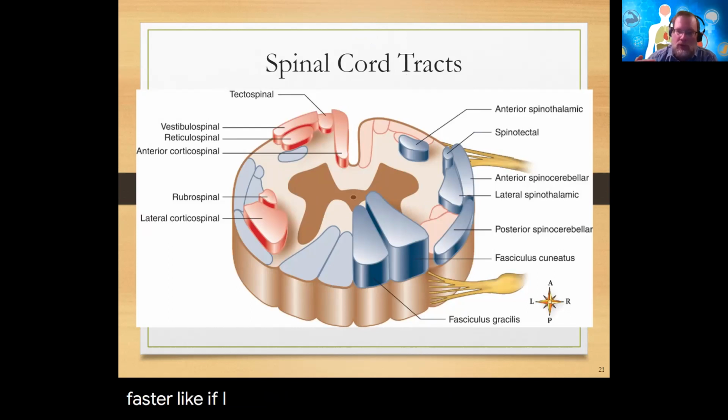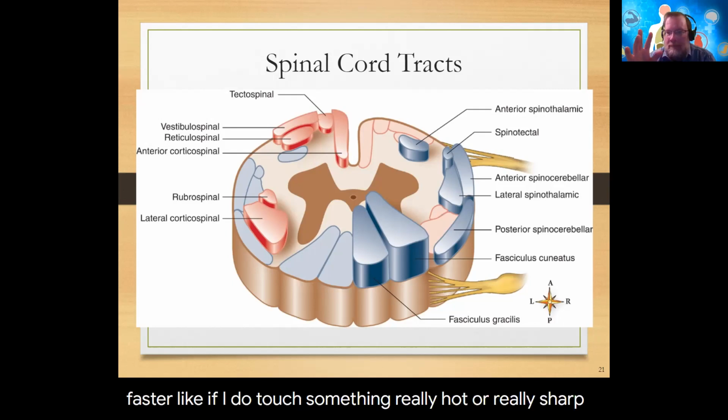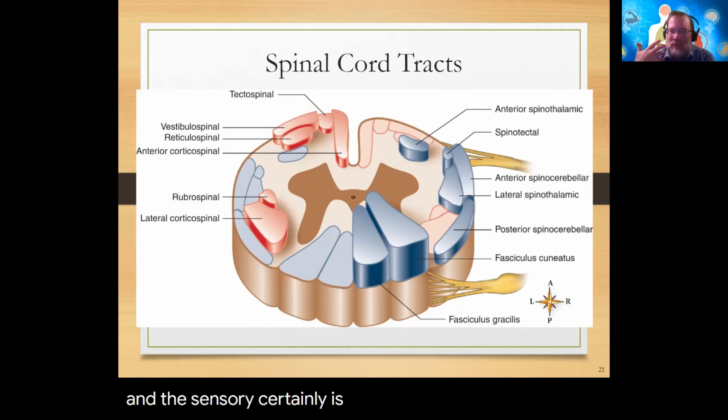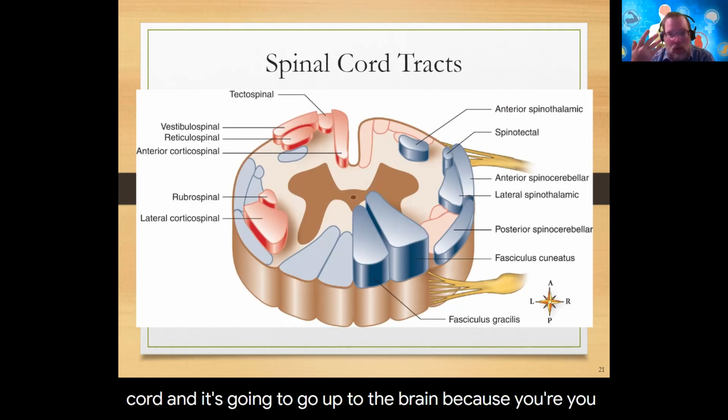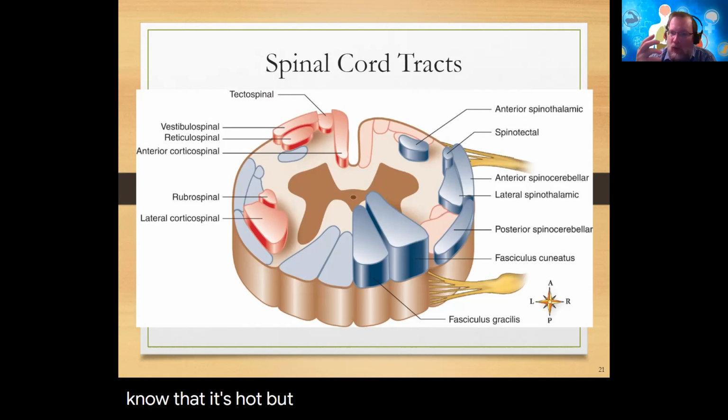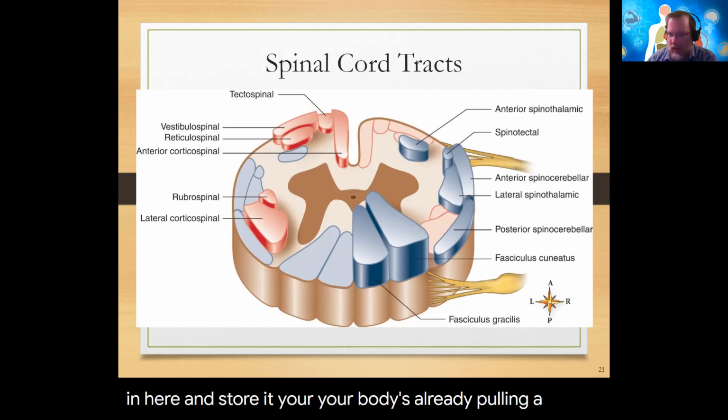Like if I touch something really hot or really sharp, the sensory certainly is going to come to the spinal cord and go up to the brain because you know that it's hot. But before you even sometimes feel it in here and store it, your body's already pulling away.